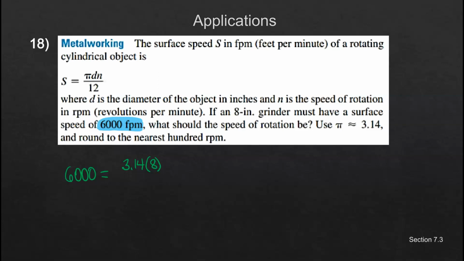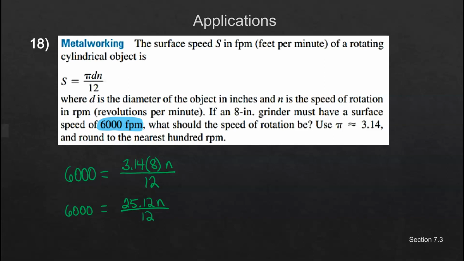And then we're looking for N. 12 is part of the formula. Okay, so we multiply 3.14 times 8, which is 25.12 N divided by 12.